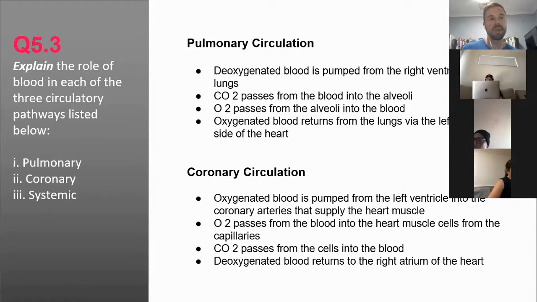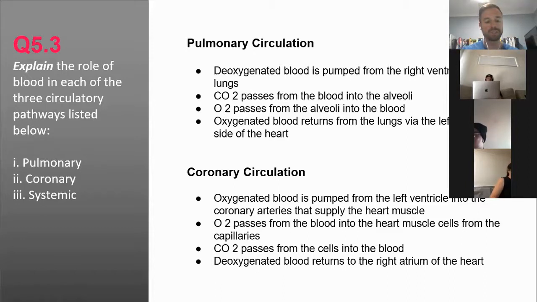Carbon dioxide is taken out of cells back into the bloodstream, just like before. And then blood returns back to the right side of the heart would be the last one. So that's systemic circulation. It's the same thing as what we've written before with pulmonary and coronary.